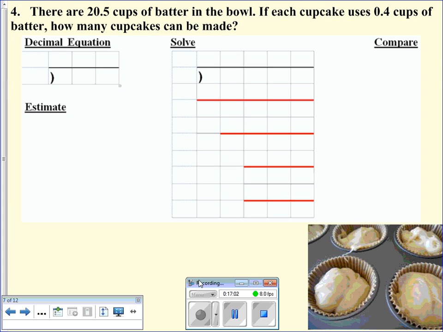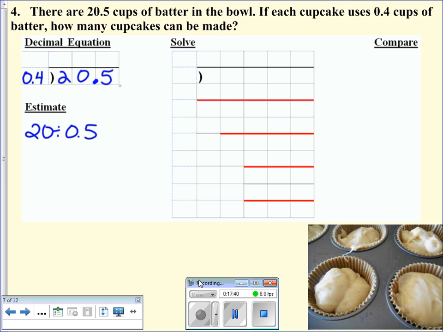Cupcakes. There are 20 and 5/10 cups of batter in the bowl. If each cupcake uses 4/10 of a cup of batter, how many cupcakes can be made? So put the test down for now, please, and let's follow along. So our decimal equation, 4/10 is our divisor, 20 and 5/10 is our dividend. So to estimate 20 divided by a half, I really don't want to round that all the way up to 1.